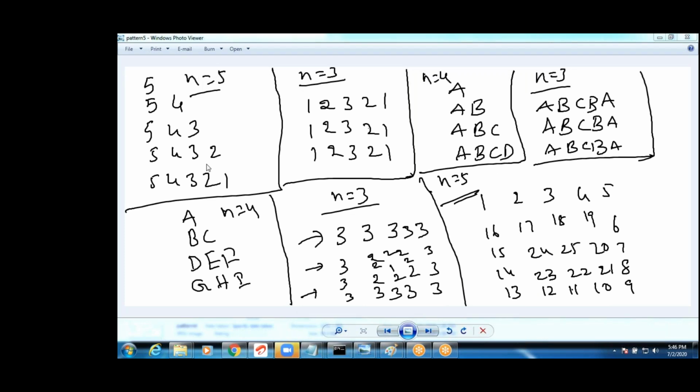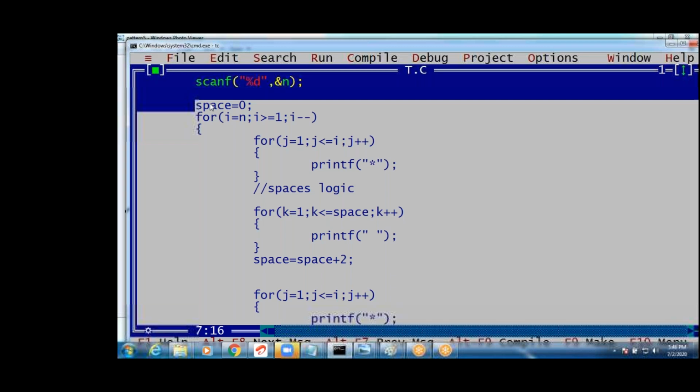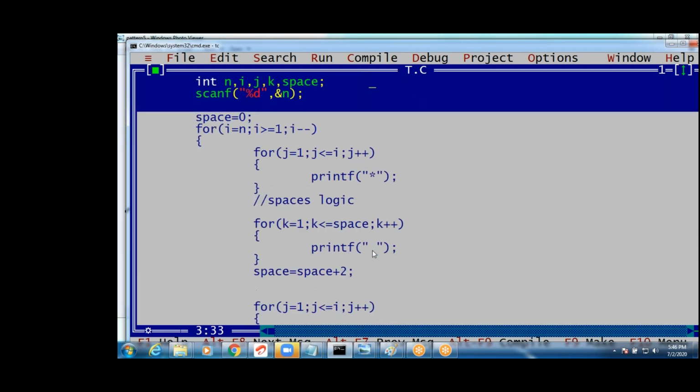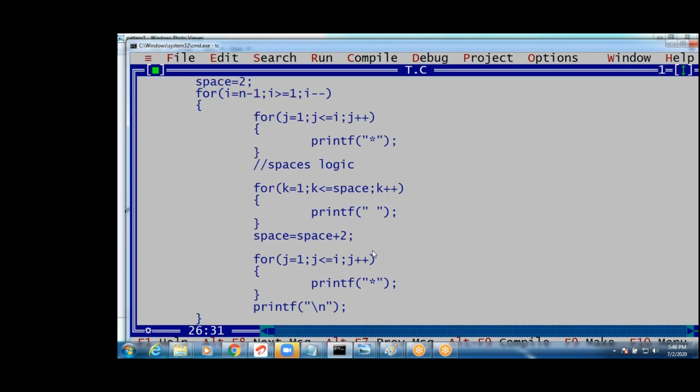Right, as this is a below pattern. Yeah, completed, guys.